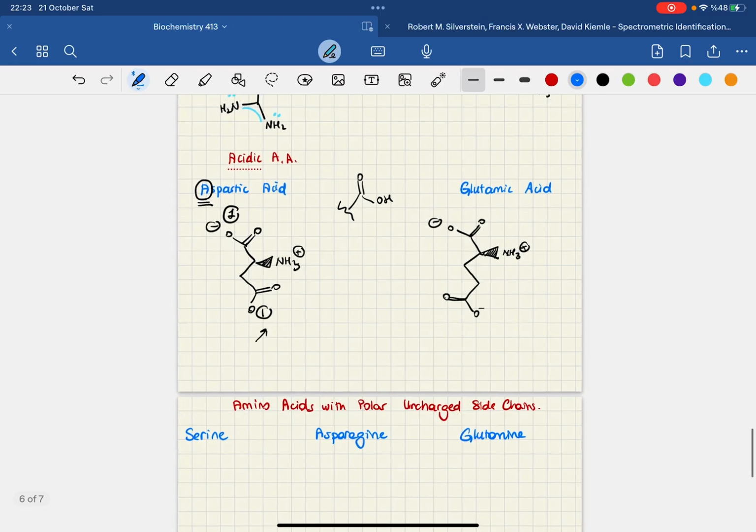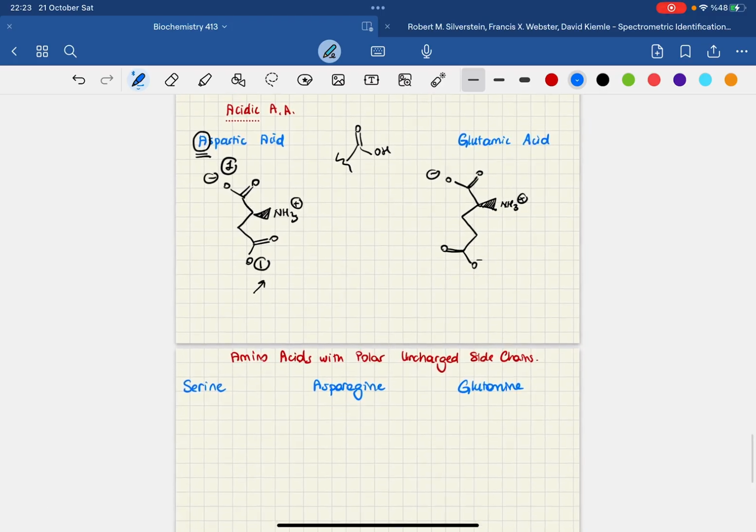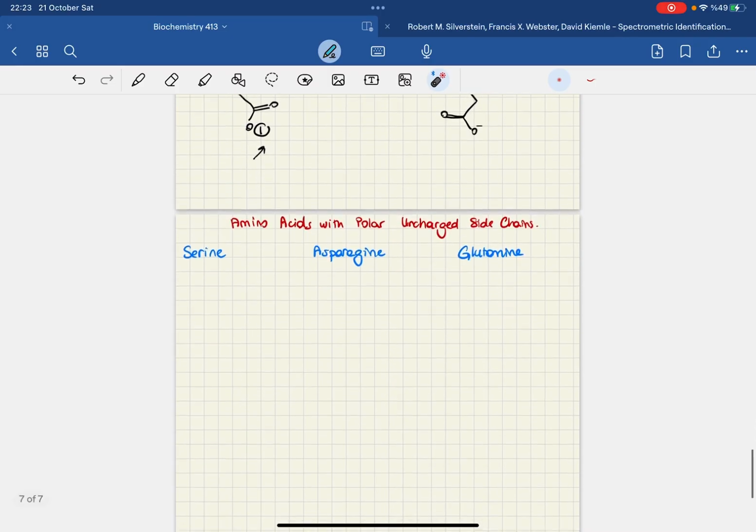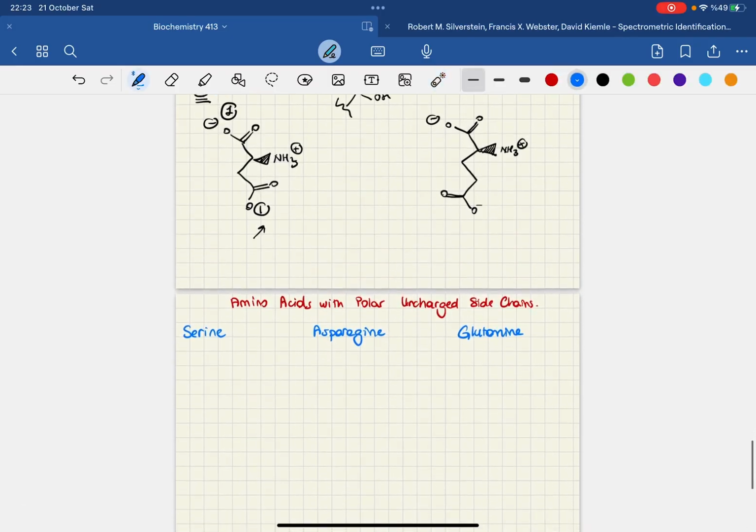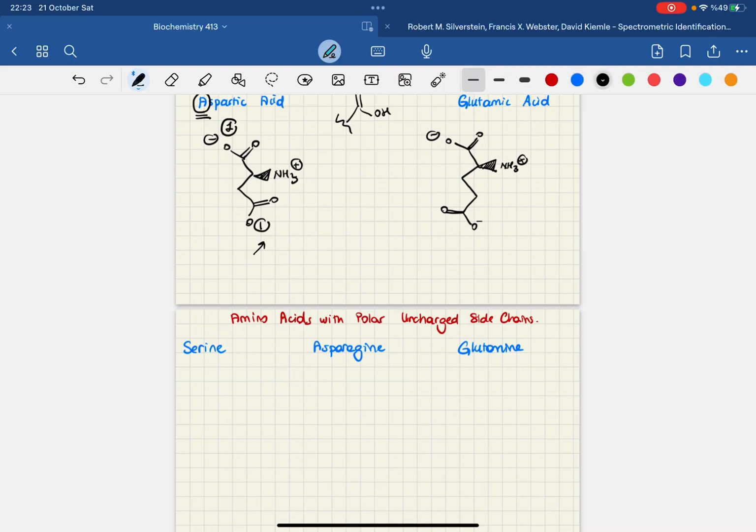Now, as you can see the similarity over here, we had glutamic acid and then we have aspartic acid. It's just that instead of O over here, instead of this part over here, we will have an amine group. This is our one and only difference in those two. All right, now let me draw it nearer so that you can see the difference.